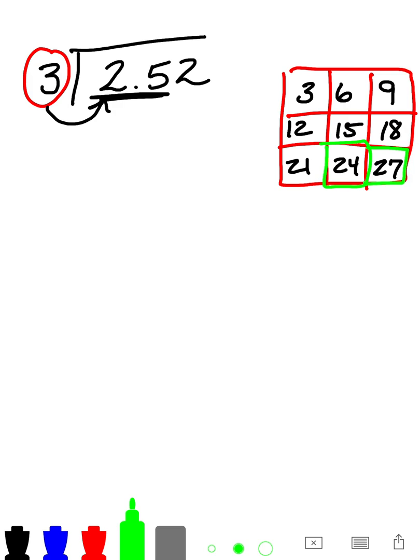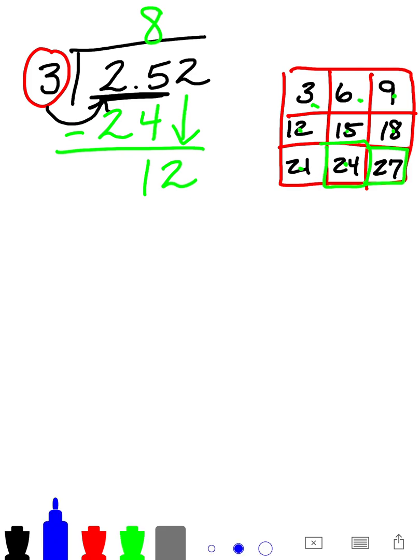So we know 3 fits into 25 8 times without going over but getting close. And 8 times 3 is 24, and we subtract. 5 take away 4 is 1, 2 take away 2 is 0, bring down the 2.